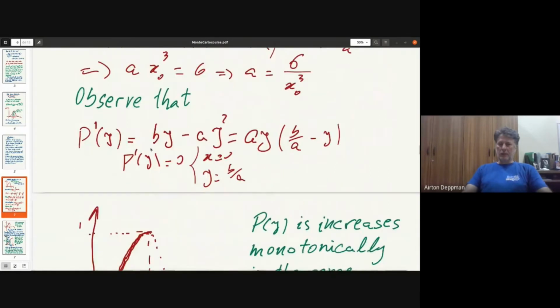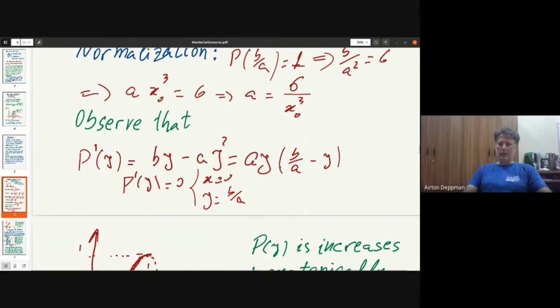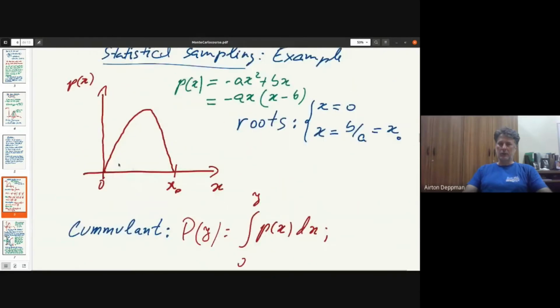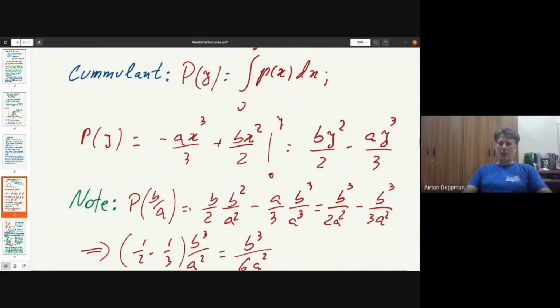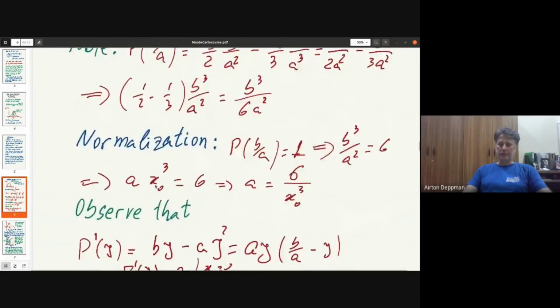And of course, the derivative will be 0 at two points, y equals 0 and y equals b over a, and corresponds to these values because the probability density is the derivative with respect to y of the cumulant.